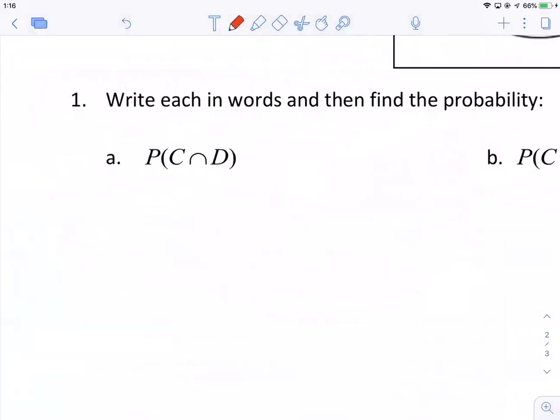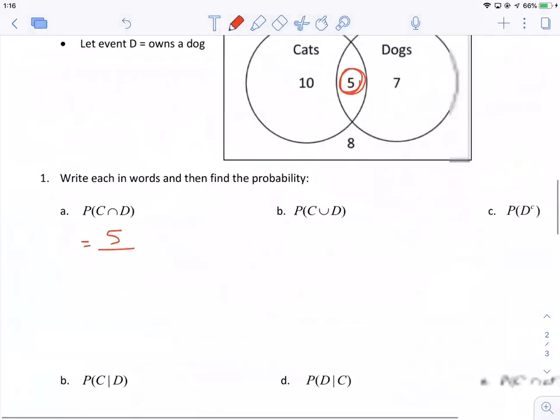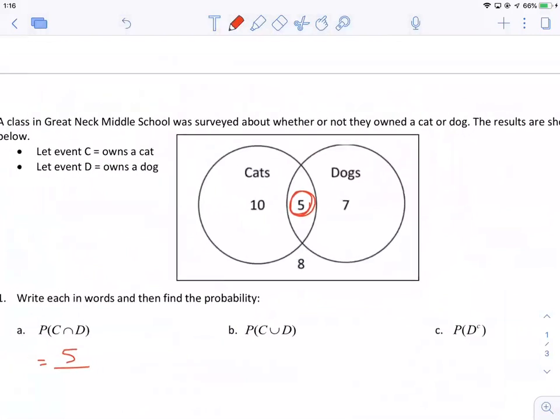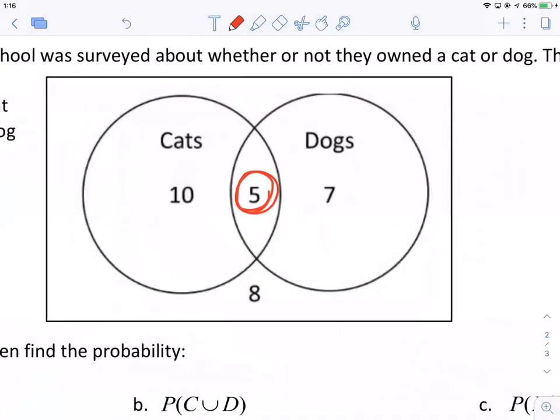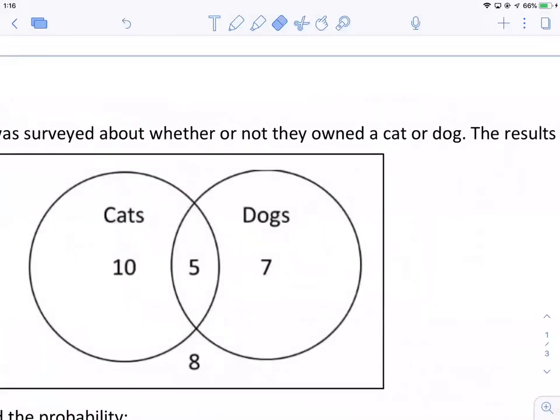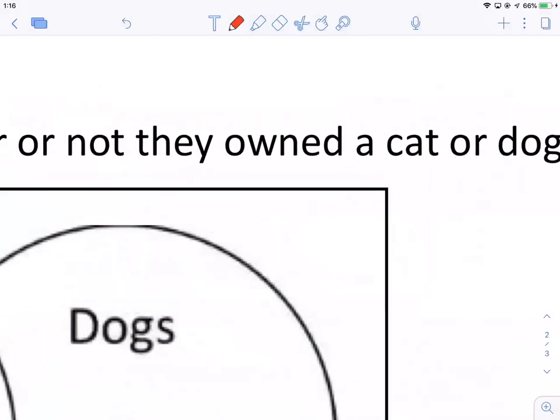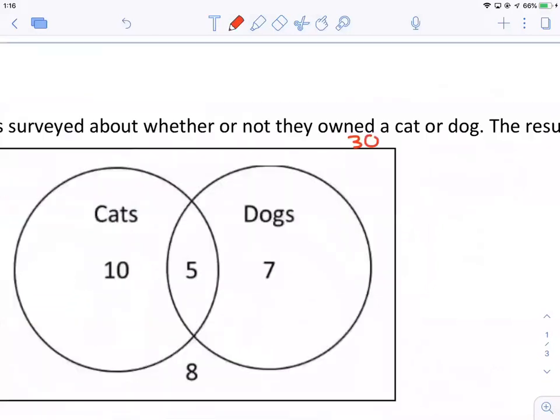So this probability is 5 out of, well, we have to count up the total number of people. So 10 plus 5 is 15, plus 7 is 22, plus 8 is 30. So we should really add a 30 outside here.